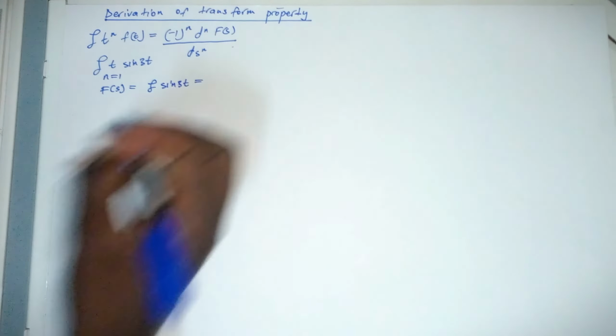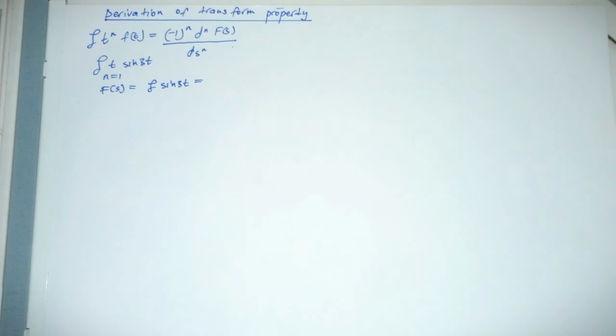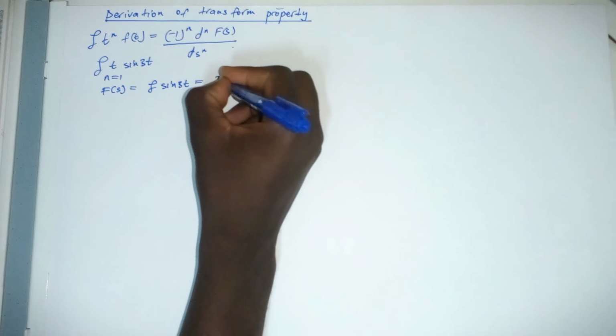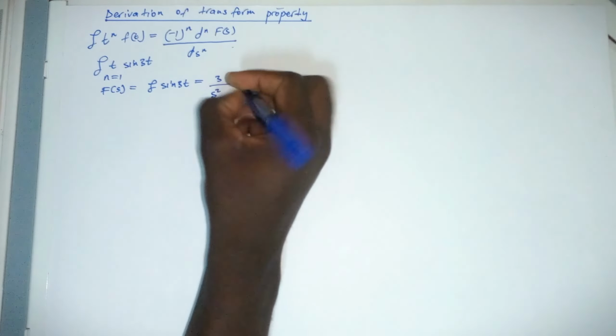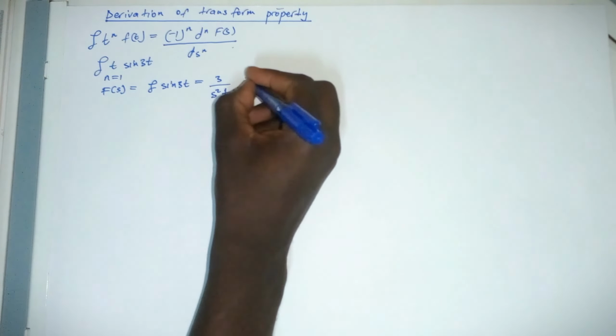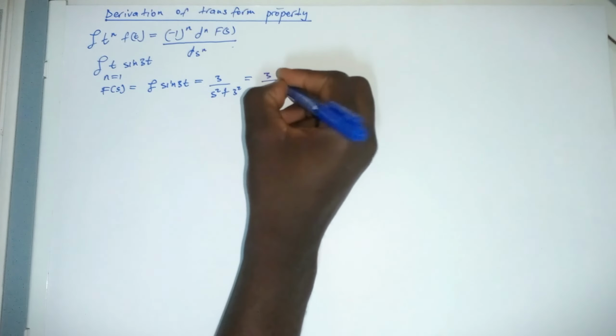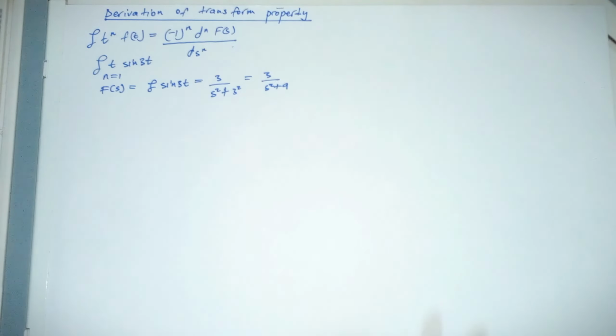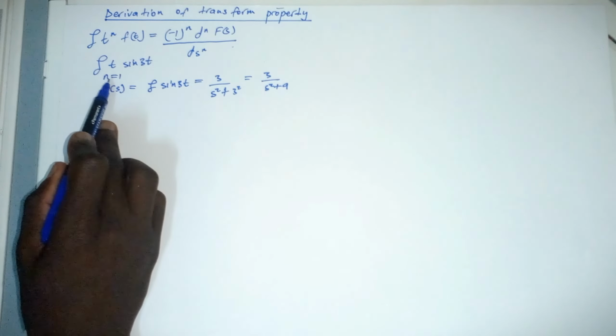And what is the Laplace transform of sine 3t? I think we've already done that. It's going to be a, which is 3, divided by s squared plus a squared, which is 3 squared. Okay, and this is equal to 3 over s squared plus 9. So what we're going to do now, we have our F(s), we have the value of n.